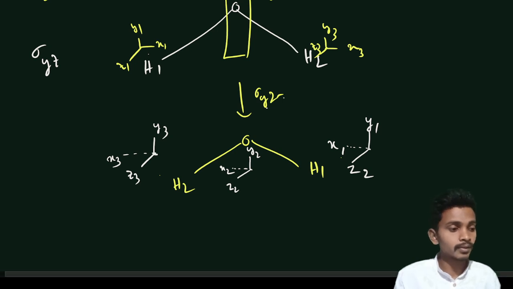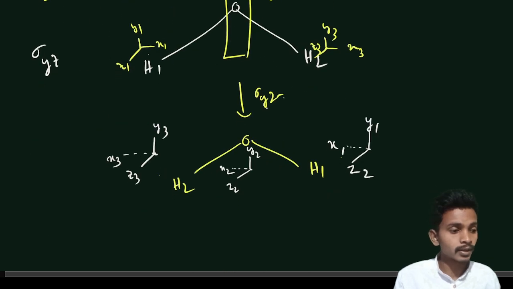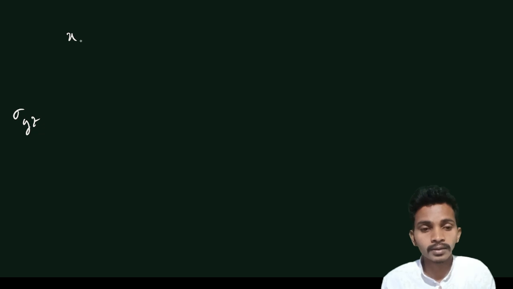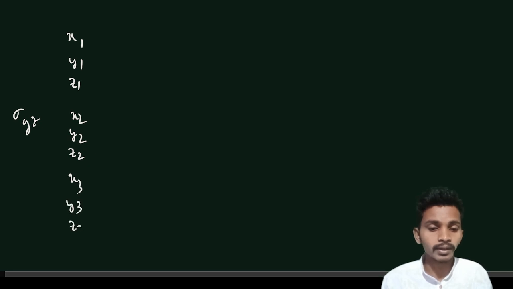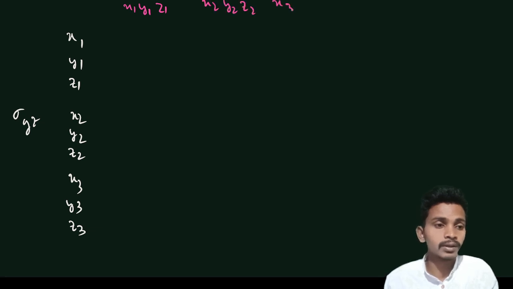Okay, so if I draw the coordinates for these atoms, then I will write sigma yz, then x1 y1 z1, x2 y2 z2, x3 y3 z3. Okay, so this is x1 y1 z1, this is x2 y2 z2, this is x3 y3 z3.